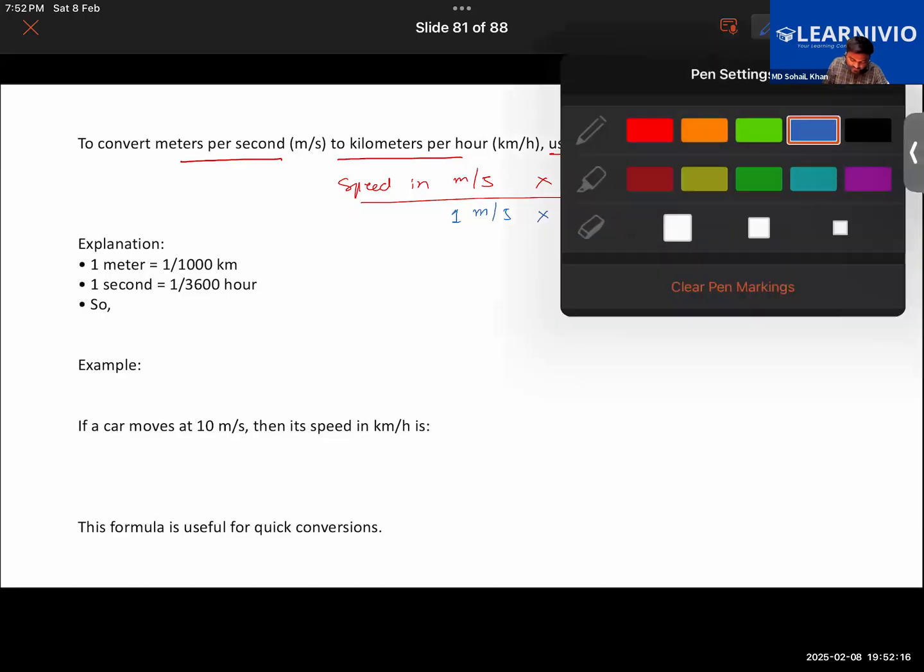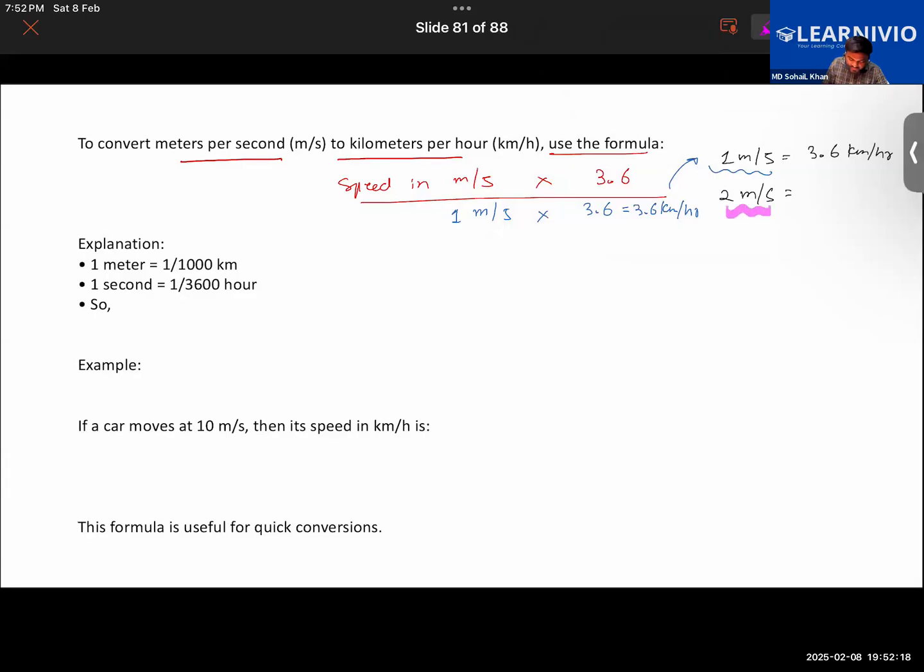So if the speed given here is 2 meter per second, you have to multiply 2. So, sir, everything we have to multiply by 3.6. Exactly. No matter if it's a whole number, a fraction, or a decimal, whatever kind of number is given, you just have to multiply it by 3.6. Hope you're getting it. So here it is going to be 7.2 kilometer per hour.